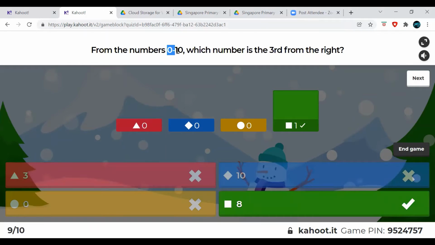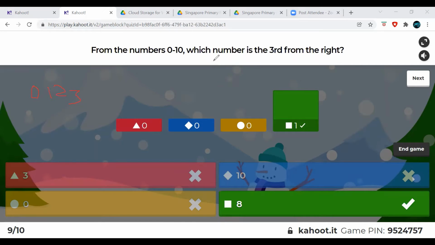From zeros 1 to 10, that's just saying 0, 1, 2, 3, 4, 5, 6, and so on all the way to 10. Which number is the third from the right? If we were to put the numbers from 0 to 10, I'll just put 0, 1, 2, 3 for now.